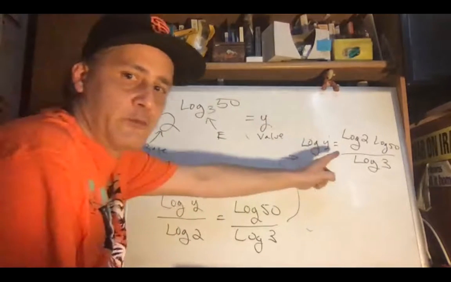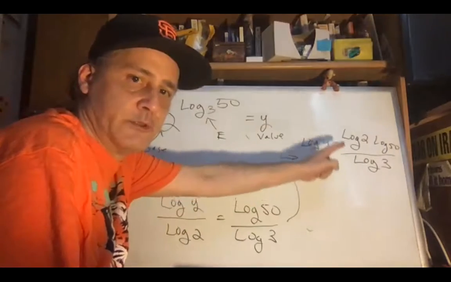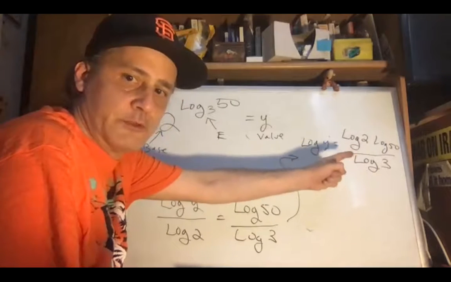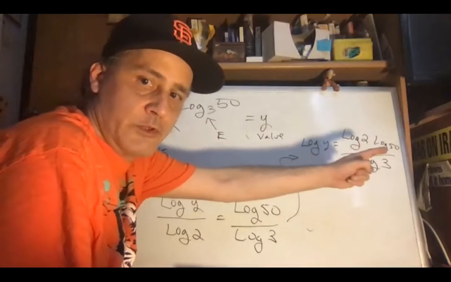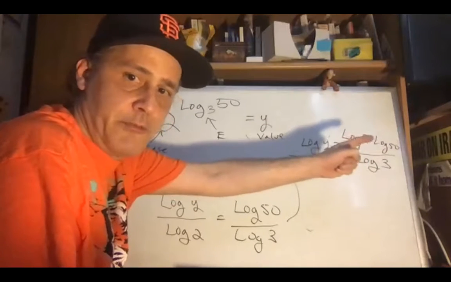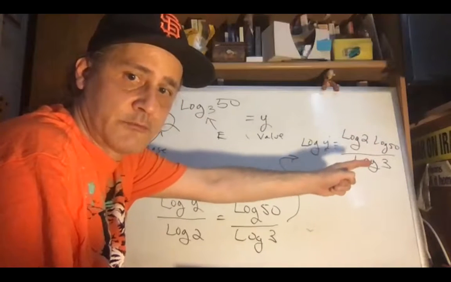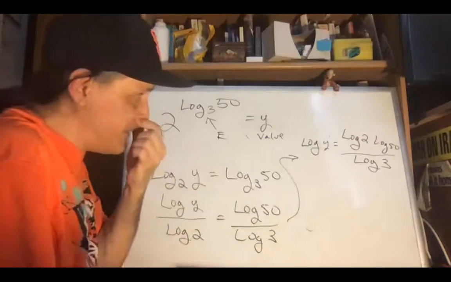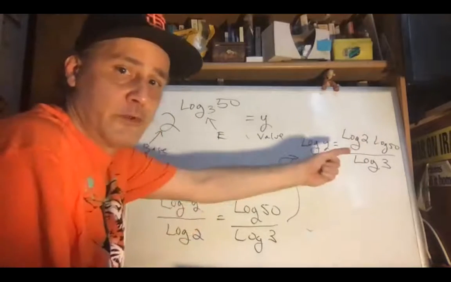Now, if we want to find y, we couldn't do the same trick that we did earlier, because 2 and 3 aren't multiples of each other. Not only that, which one do we choose to reverse the change of base property? Because we could do the log base 3 of 50 times this.